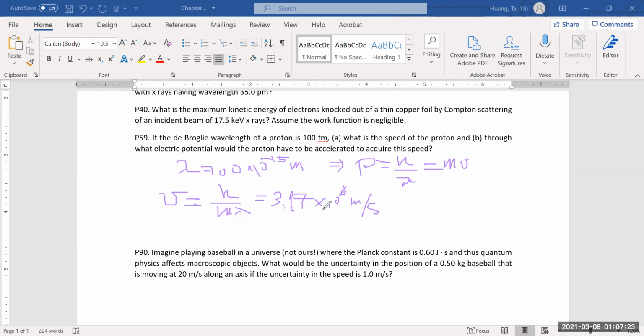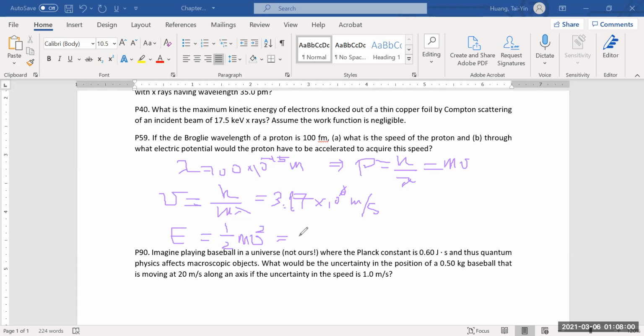In order for the proton to acquire that kinetic energy, you have to provide energy, and we can provide the energy by sending the proton through an electric potential to accelerate it. So in mathematical form, it just means that the energy of the proton is equal to 1/2 mv squared, and that will be provided when the proton is traveling through the electric potential.